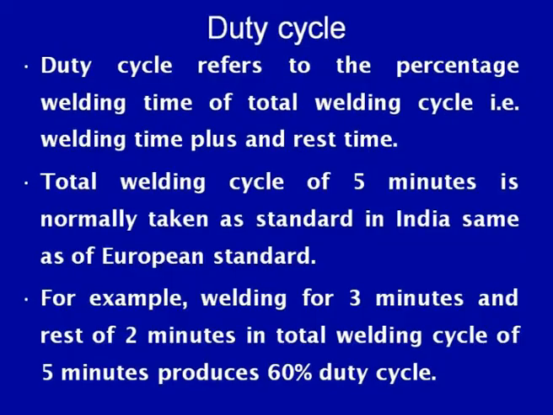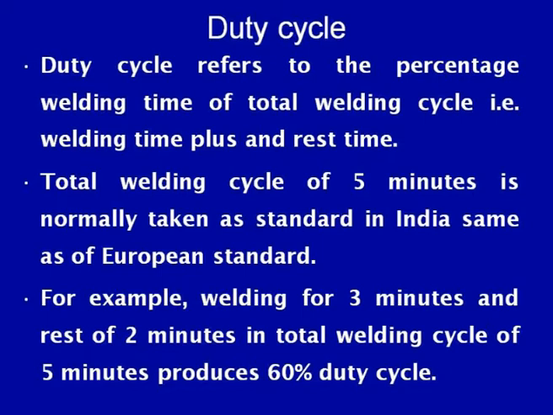Now, the next important characteristic of the power source is the duty cycle. The proper selection of the duty cycle helps to run the welding power sources for longer durations without any damage to the power windings or the coils and cables being used in the welding circuit.